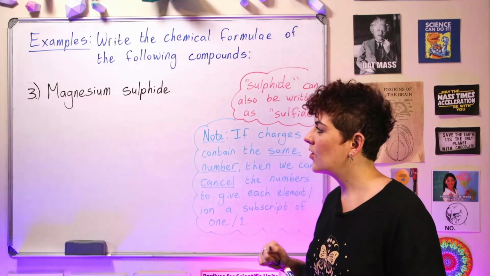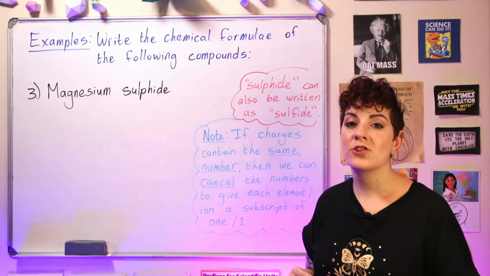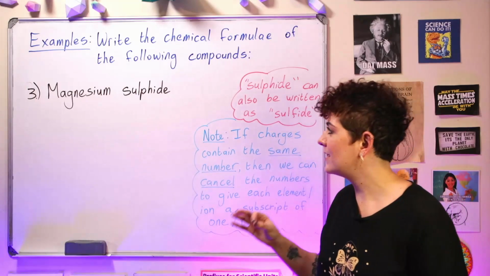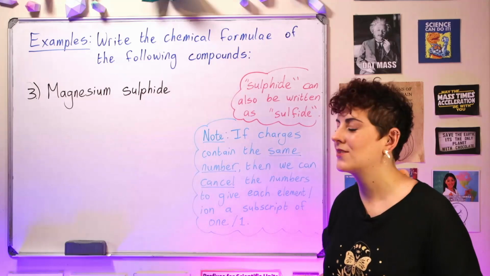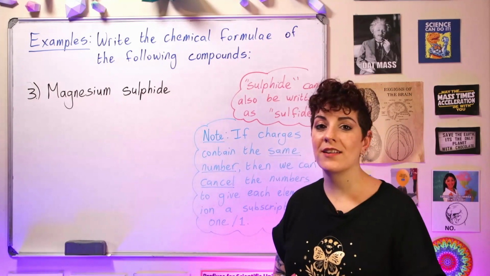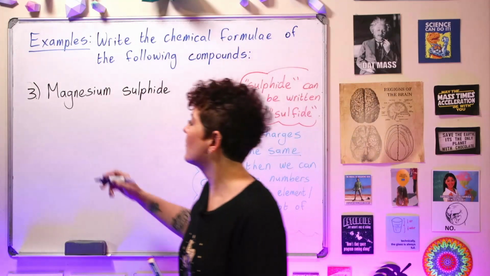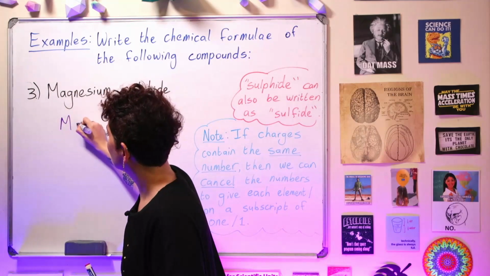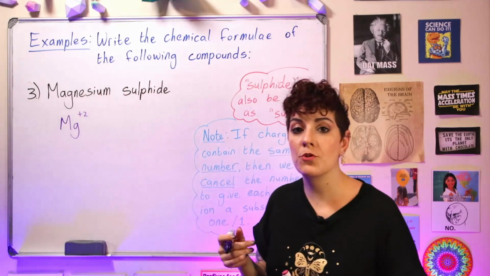Okay, so firstly, we have to write the ions next to each other, starting with the positive magnesium ion. Magnesium is also a metal, so it has a positive ion. Magnesium is in group 2 of the periodic table, so it will have a charge of +2, and the formula of the magnesium ion is Mg+2, or 2+ if you prefer.